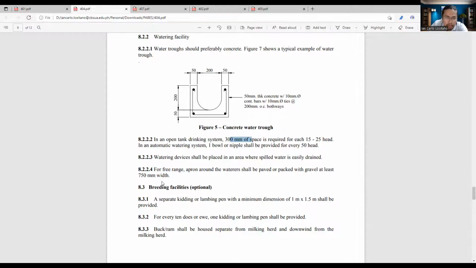Breeding facilities, this is optional. Actually, in most modern systems, the breeding facility is still separate from the buildings.